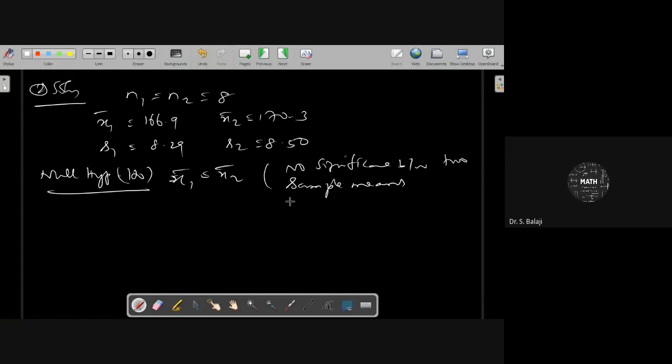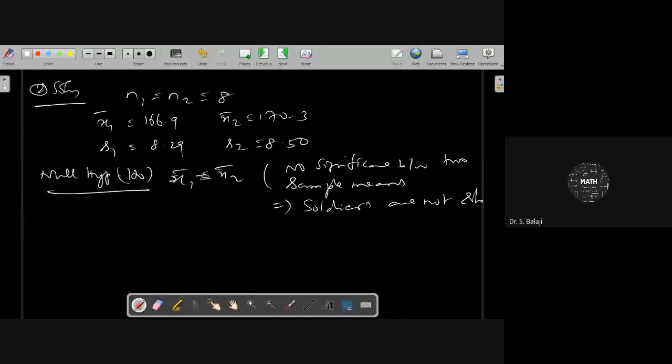But the question is whether soldiers are shorter than sailors, and you are saying that both are equal here. Therefore, soldiers are not shorter than sailors. That will be the conclusion you can get here.